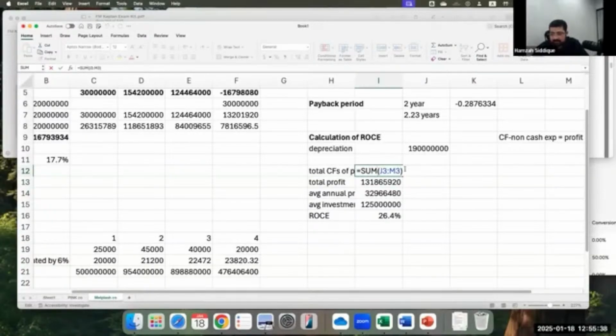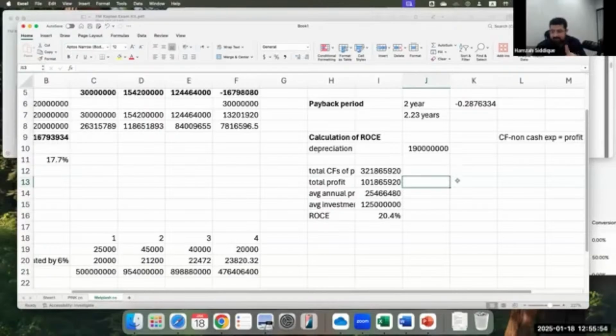What is that? While calculating profit, we need to deduct it because here residual value is also included. We missed that. Note down this point.